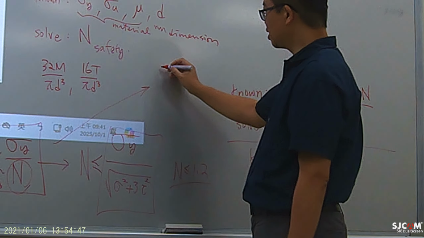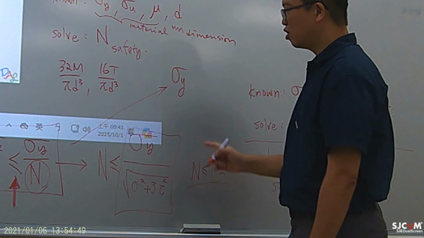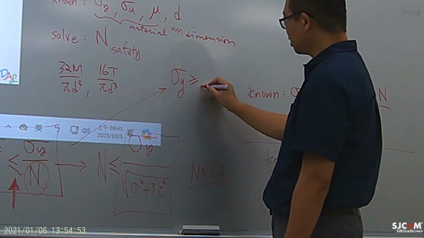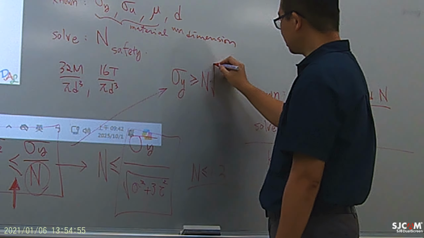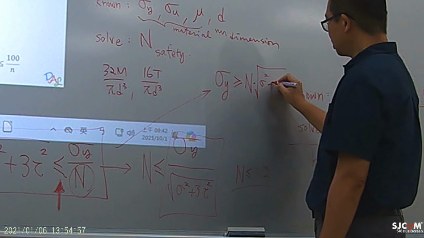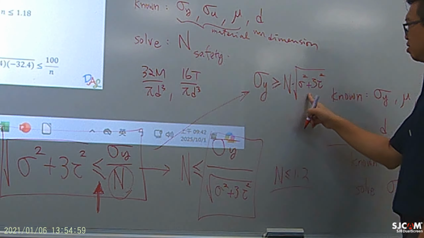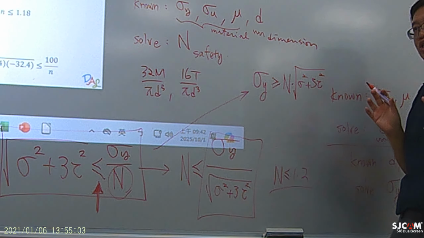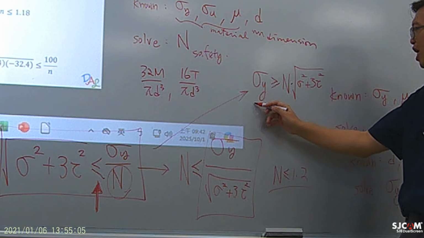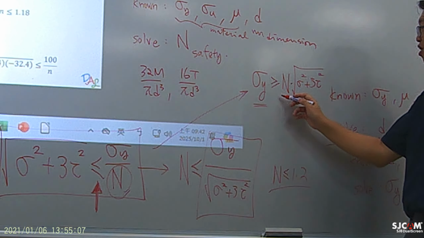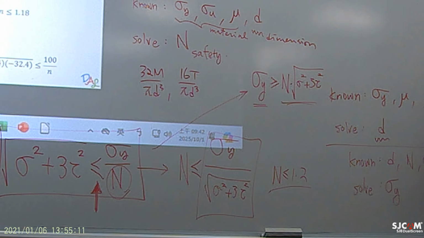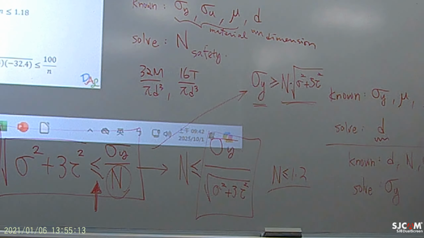It will be yielding strength has to be larger than n times the permissible stress. So this tells us you need to pick a material that has a yielding strength larger than a certain level. So I want you to be able to describe what the design is looking for.